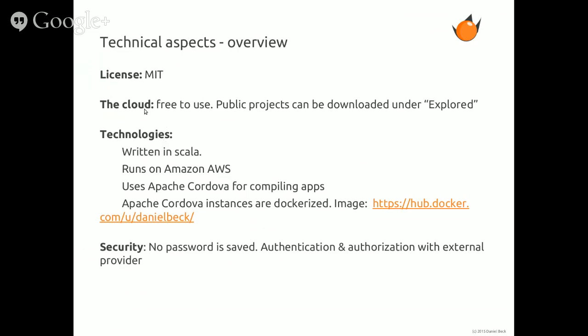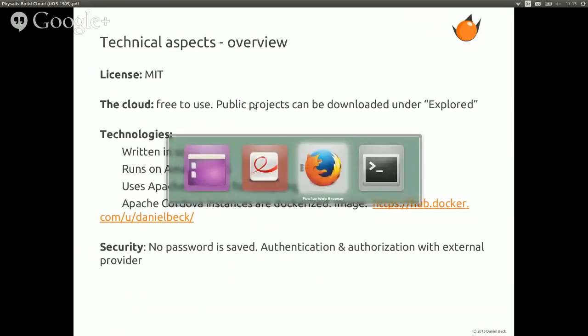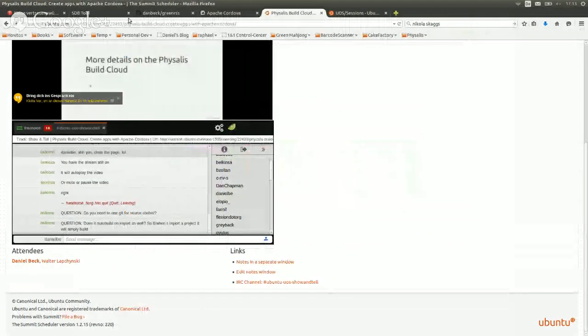The cloud, that URL that I show, is free to use. And so everyone can create an account and compile their app for free. All apps are downloadable. I'll show that here.